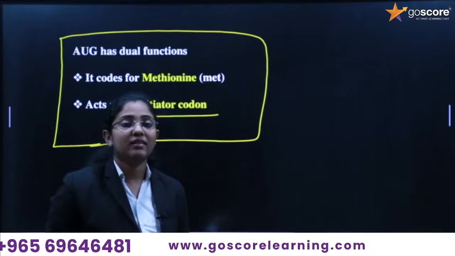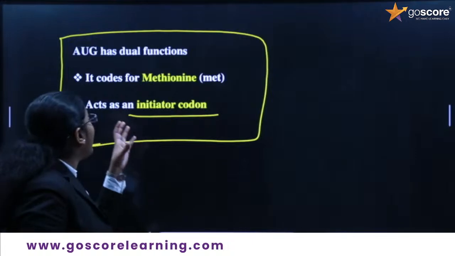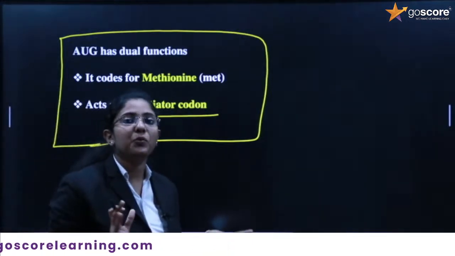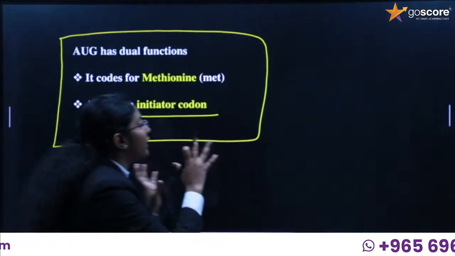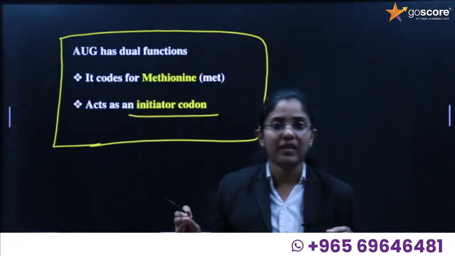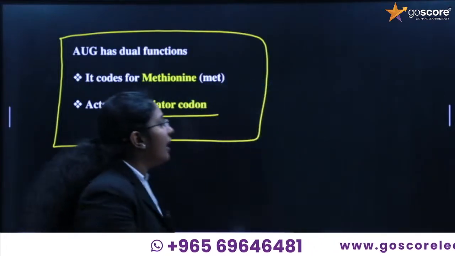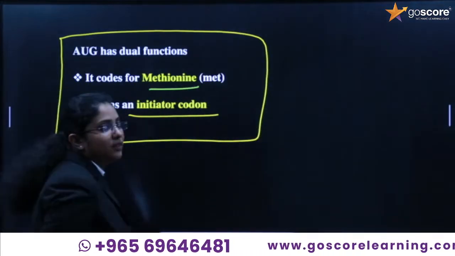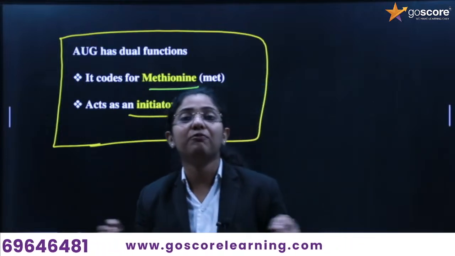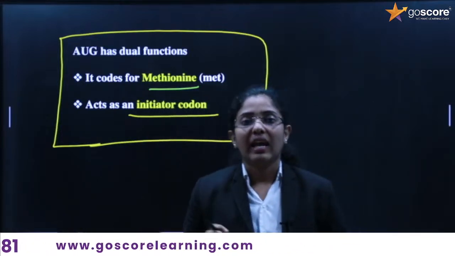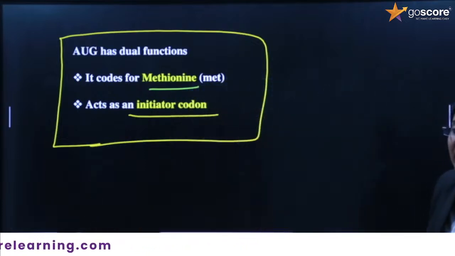If AUG is present in the mRNA, it will act as the initiator codon. It will code only for methionine. Formyl methionine, we call it FMET, will be added at every translation initiation step.